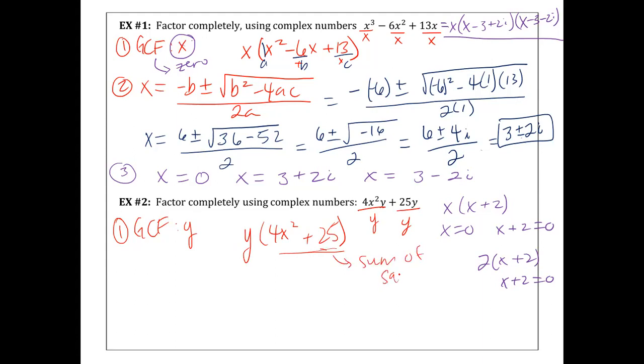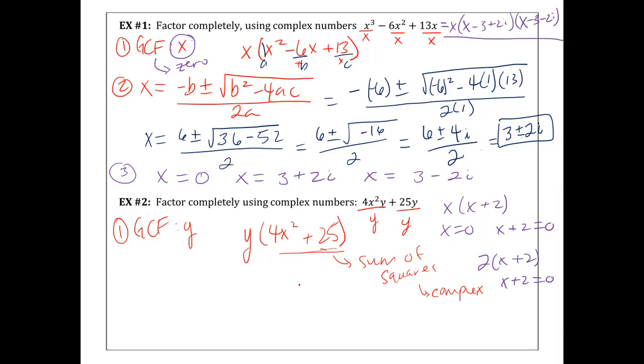Anytime you have a sum of squares, it's going to be complex. If this was 4x squared minus 25, it would be easy peasy: 2x minus 5, 2x plus 5, right? But this is a sum, and therefore I'm going to have complex roots.